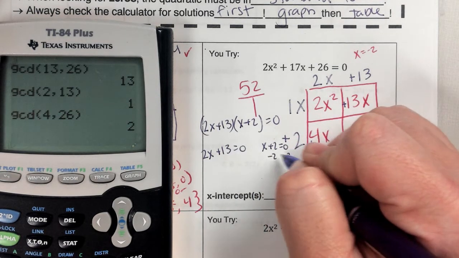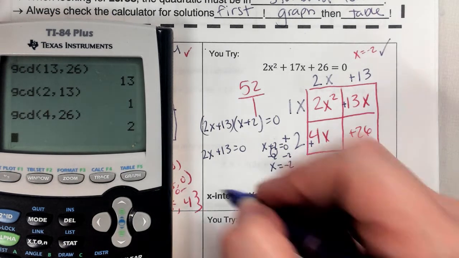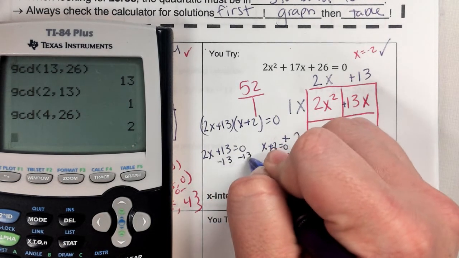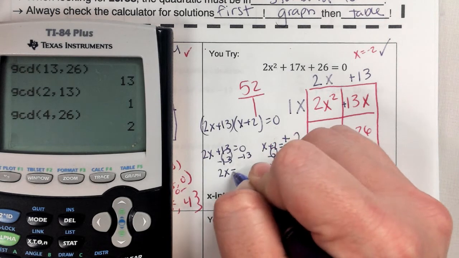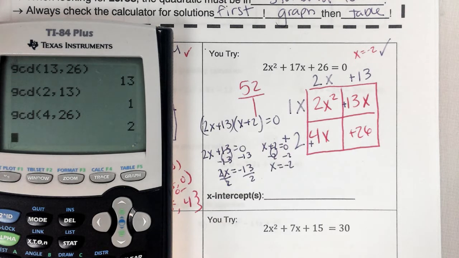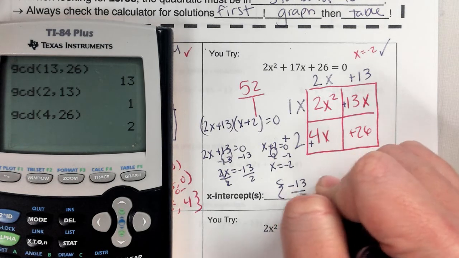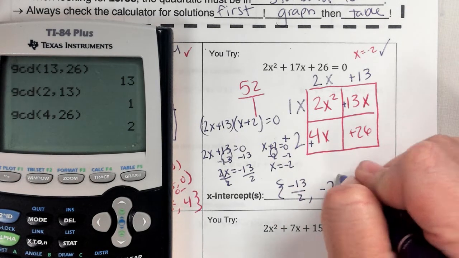Minus 2, x equals -2, which is where we got this one. Minus 13, 2x equals -13. Divide by 2, and I get -13 over 2. Now, if I'm going too fast, you can slow the video down or pause as needed.